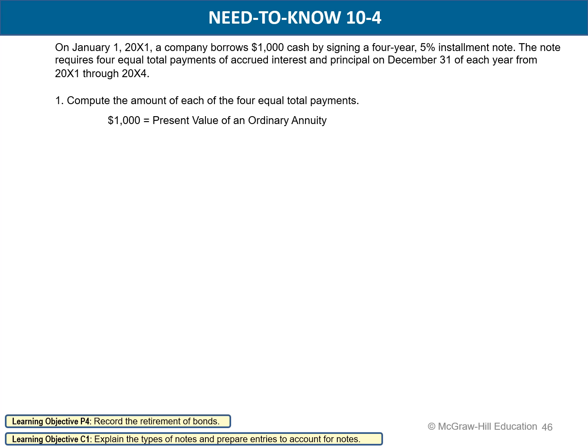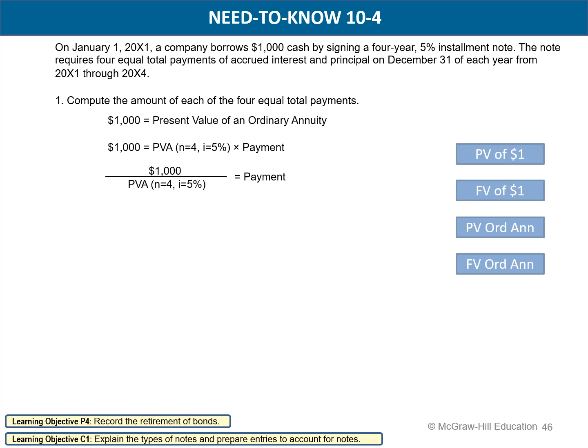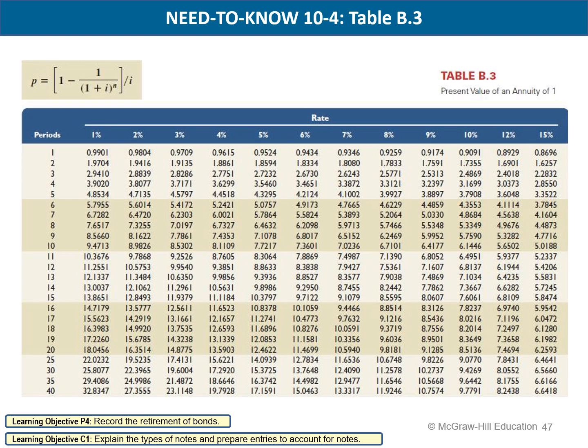So the present value of an ordinary annuity is $1,000. This is the formula: $1,000 divided by the present value of an ordinary annuity, where the term is 4 payments and the interest rate is 5%. Okay, so we look at the present value of an ordinary annuity table.